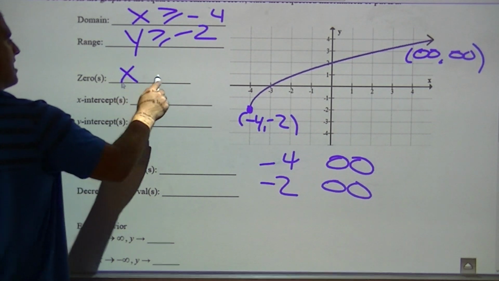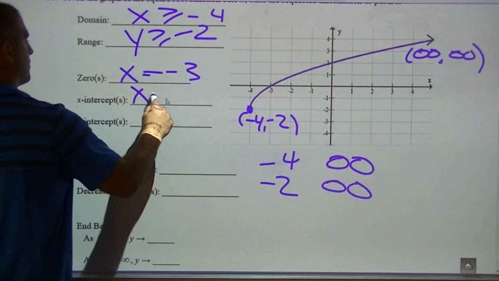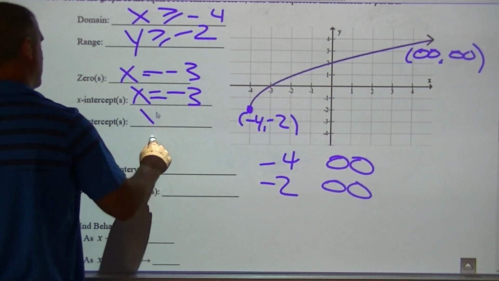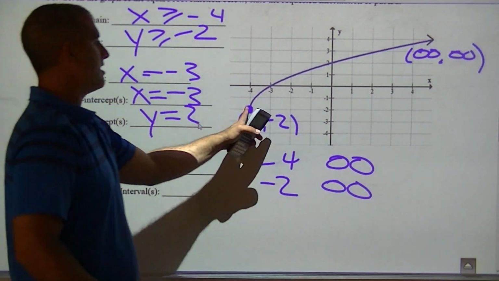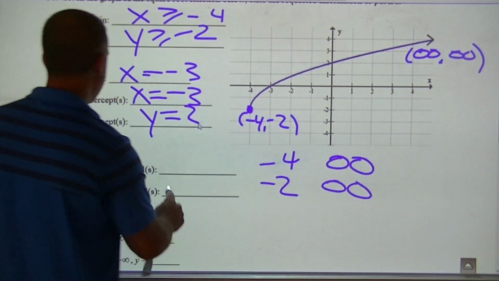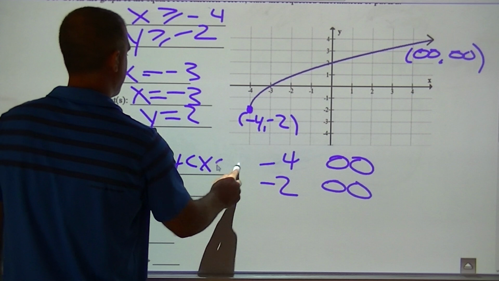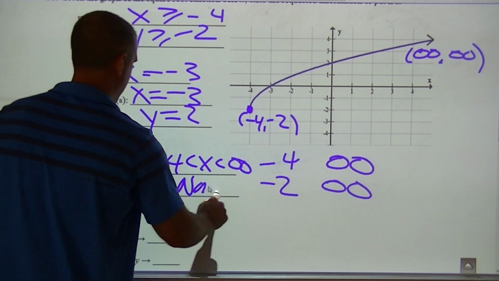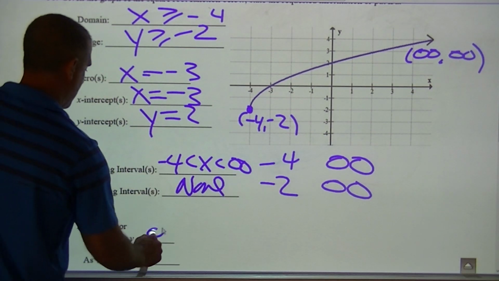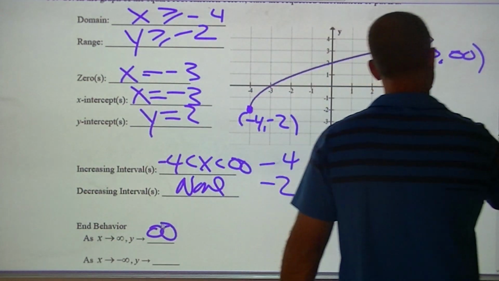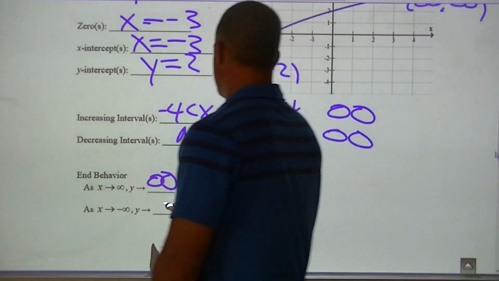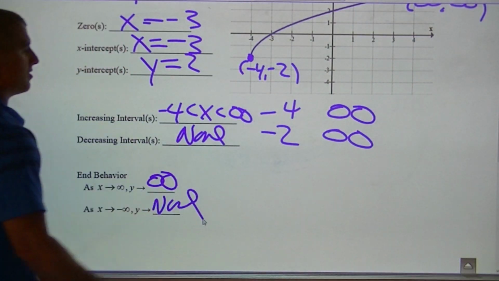It crosses at -3. Those are the same. That crosses at 2. Okay, this is increasing the whole way from -4 to infinity. This is none. As x approaches infinity, y approaches infinity. And as x approaches negative infinity, that is none as well, because there's not one.